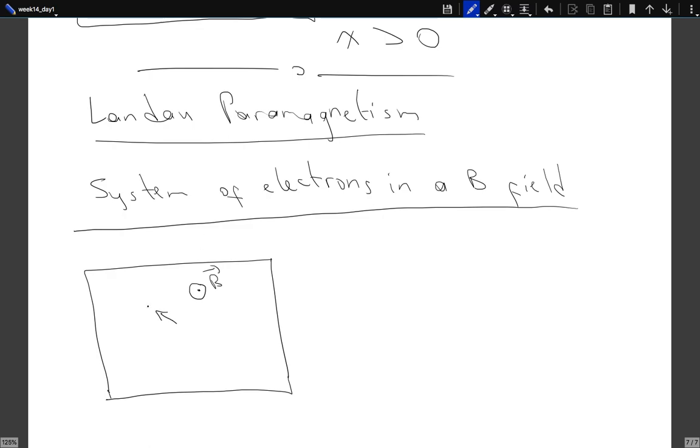Will it feel a force, upward force or a downward force? Upward force, right? Then it's just moving clockwise. This is the force. So they will be basically going clockwise. So these will be the orbits.